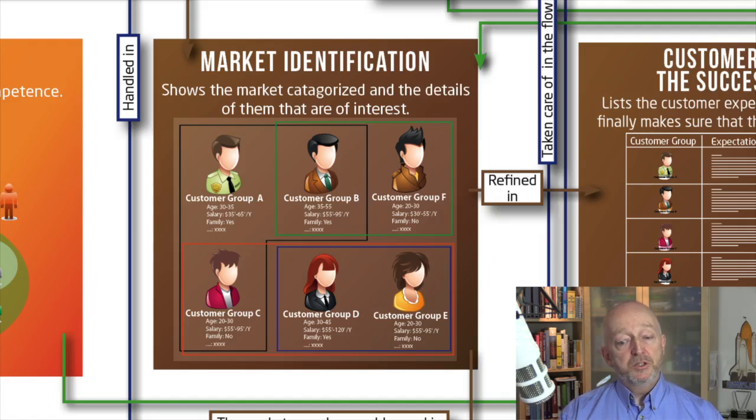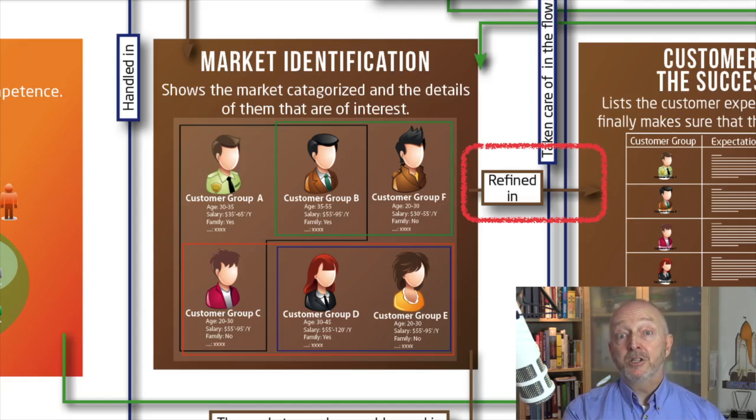So if we zoom out, we'll see that this market identification moves over to the next component. Here we have a relationship that is very important. We will refine the segments, the avatars that we have found in this segment work, and then deep dive into understanding what we can deliver for them.